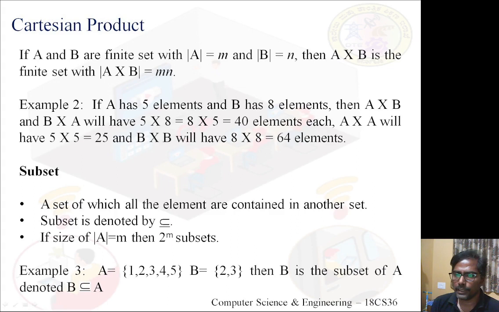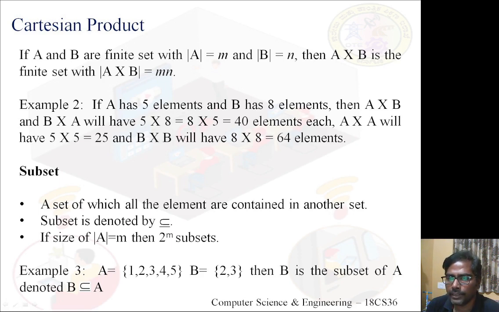Let me analyze the size, in general what we call the cardinality, of the cross product of any two sets. Let me assume the sets A and B to be finite.